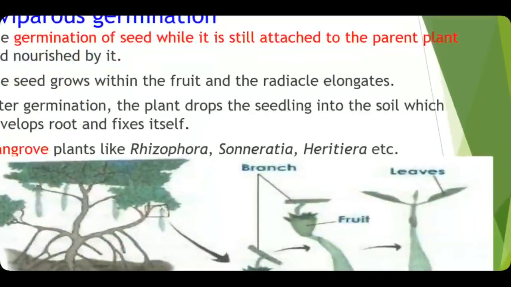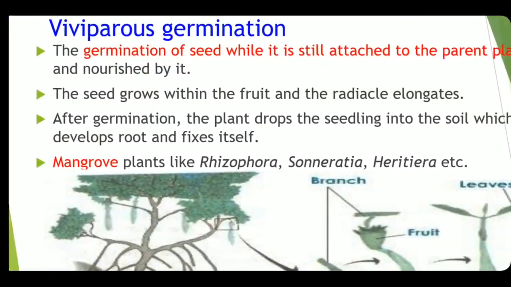This is a kind of germination in which a seed, while it is still attached to the parent plant and nourished by it, germinates. This is a different type of plant, especially plants which grow in marshy lands.